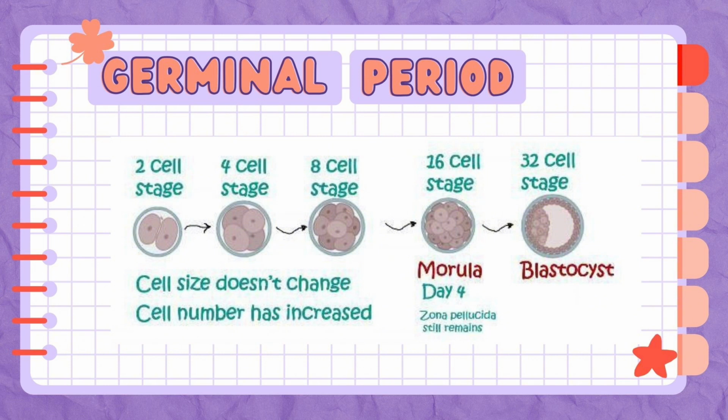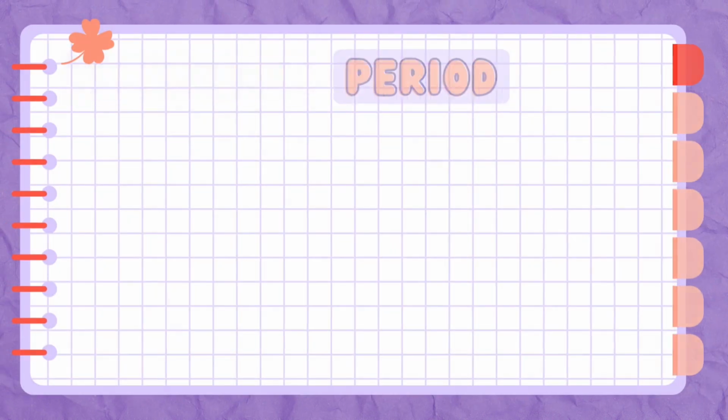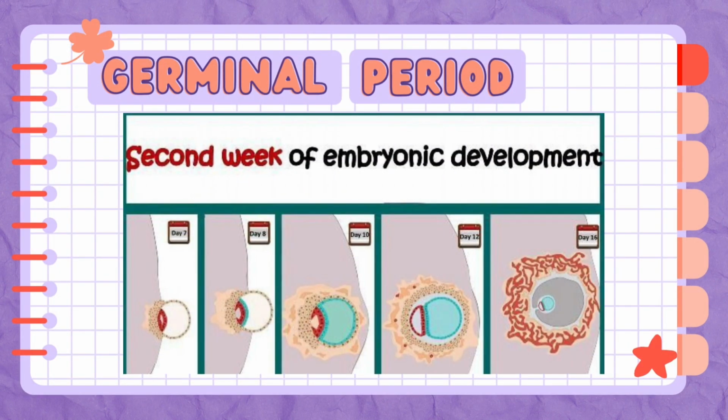In addition, during the first three divisions, the cell size doesn't change, but the cell number increases. After the first week of the germinal stage, a blastocyst is formed. During the second week, the blastocyst establishes itself in the uterine lining through implantation.